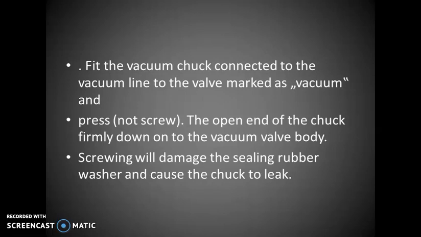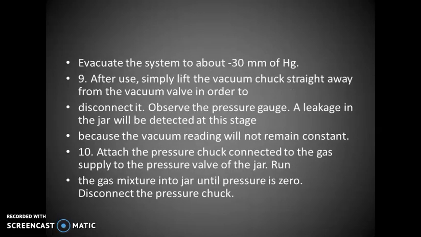So, fit the vacuum chuck connected to the vacuum line and press the open end of the chuck firmly down onto the vacuum valve body. Screwing will damage the sealing rubber washer and cause the chuck to leak. Evacuate the system to about -30 mm of mercury.